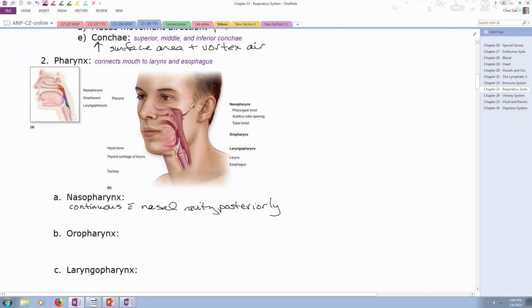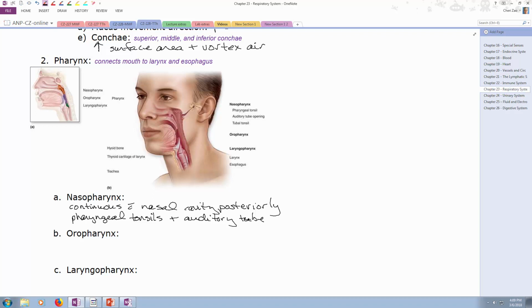We find in here the pharyngeal tonsils as well as the auditory tube. Remember, we call those pharyngeal tonsils also adenoids. The auditory tube has another name. We call it the eustachian tube sometimes, and the pharyngotympanic tube.